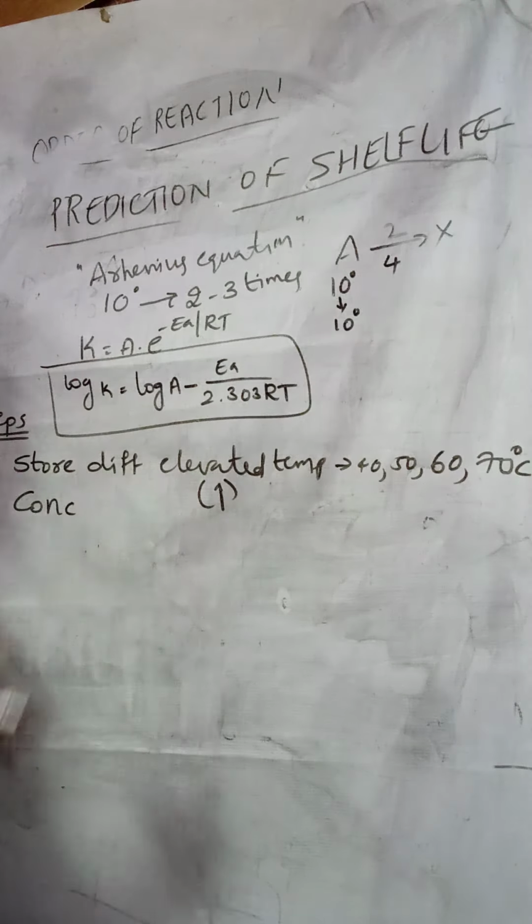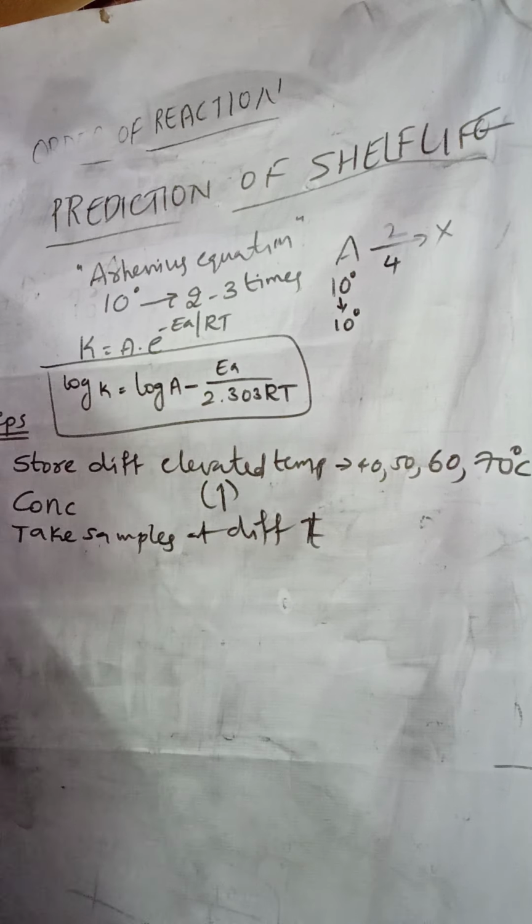You have to determine this, so to determine the concentration, you have to take the samples at different time intervals. Time by time you have to take the samples and analyze them to get the concentration.